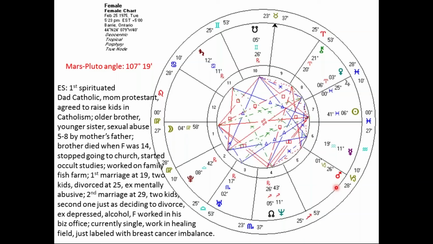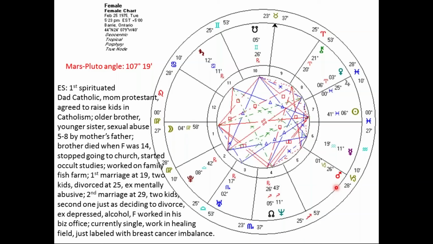She is currently single and works in the healing field under several modalities. She was just recently labeled with a breast cancer imbalance. She was willing to share this, and it turned her world topsy-turvy most recently.